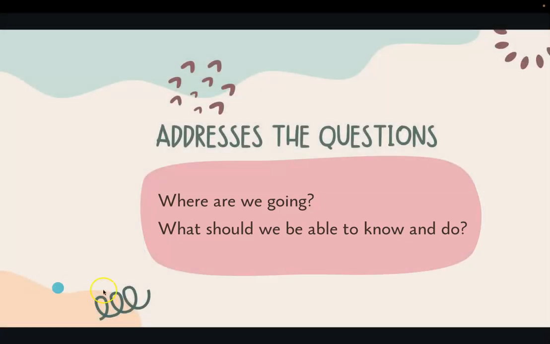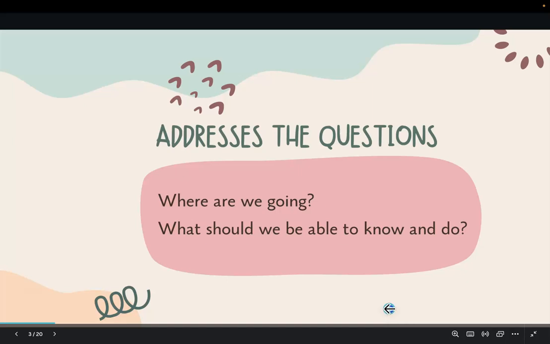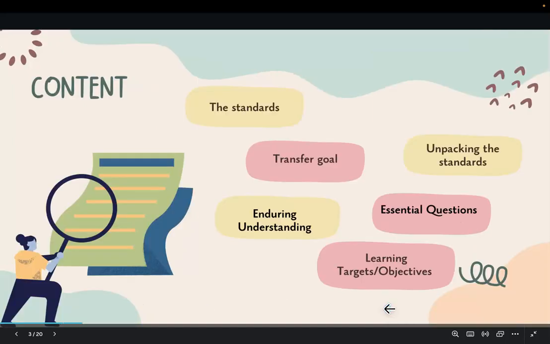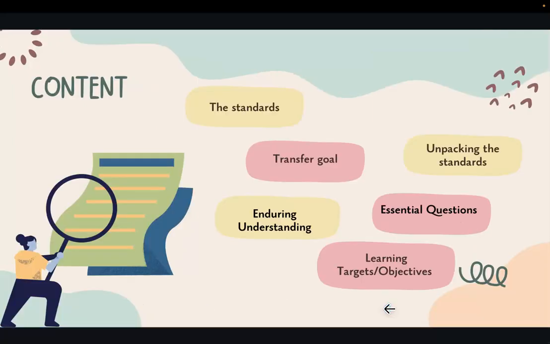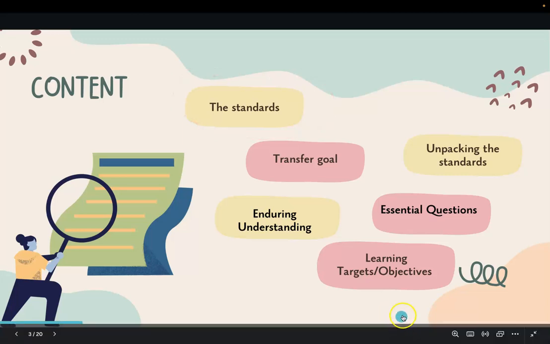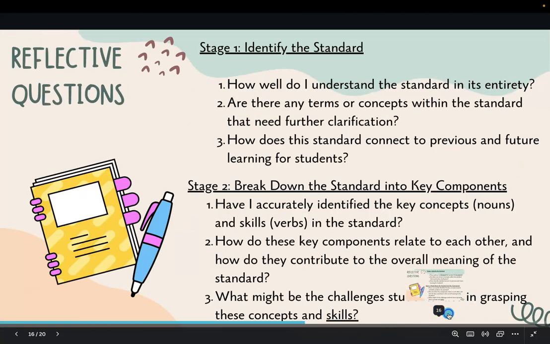That is, what should the students be able to know and do? These are all the elements of stage one. This video is going to focus on the standards. I like to look at the what, the why, and the how. So that's what I'm going to dive into. Other episodes will look at other parts of stage one.